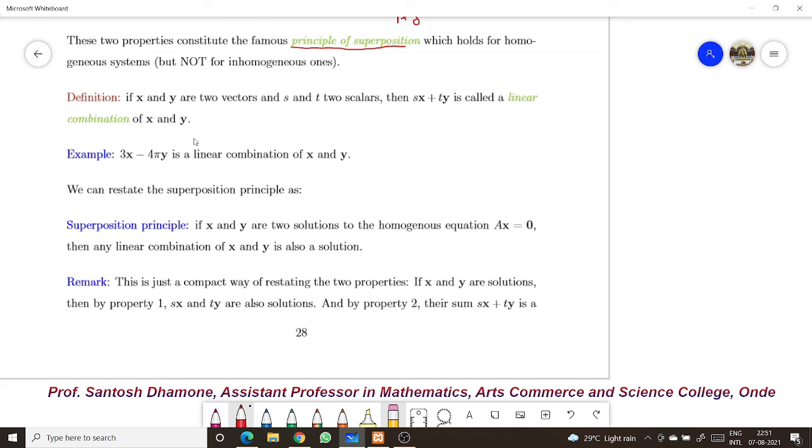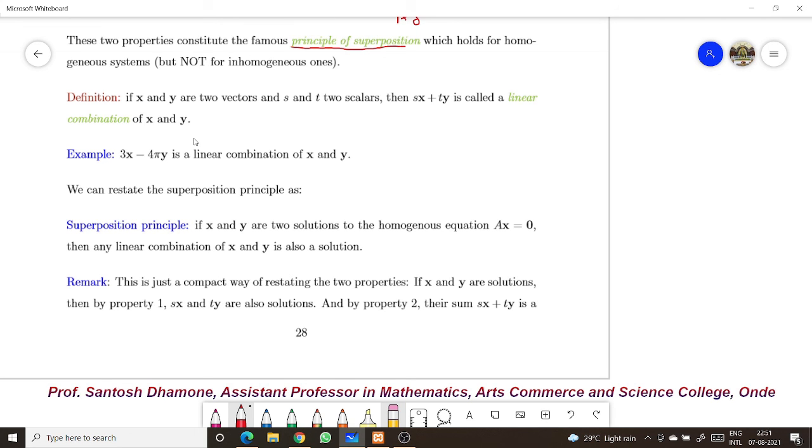The superposition principle: if x and y are two solutions to the homogeneous equation Ax = 0, then any linear combination of x and y is also a solution.